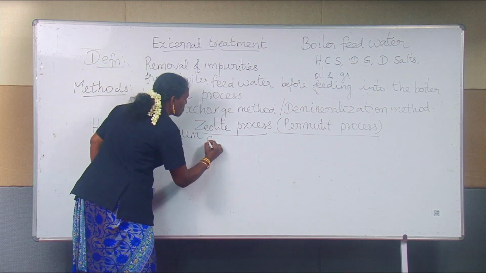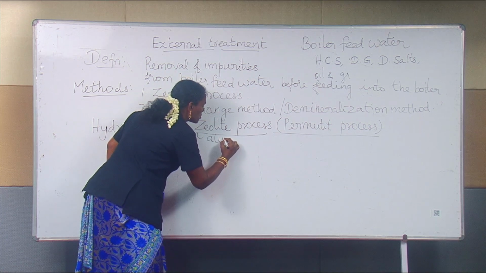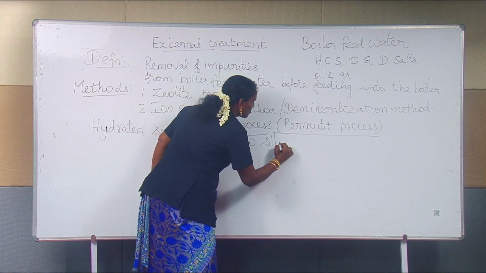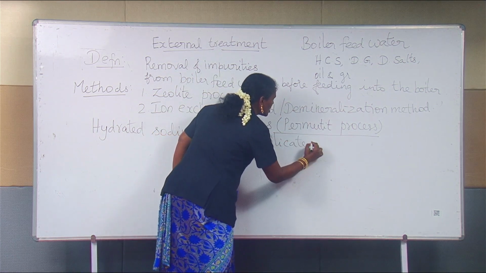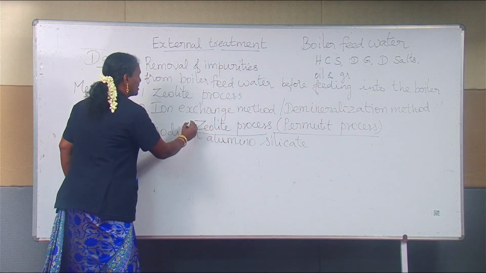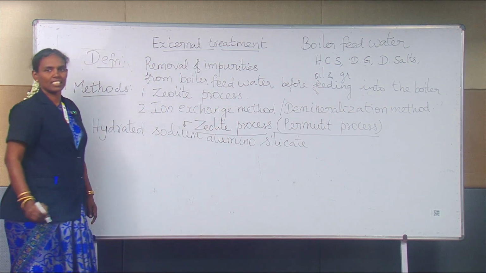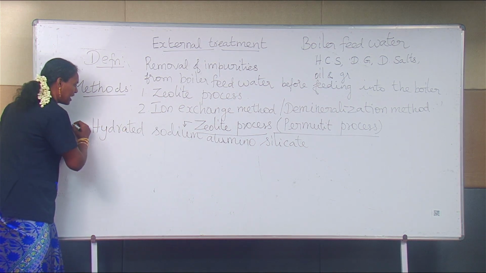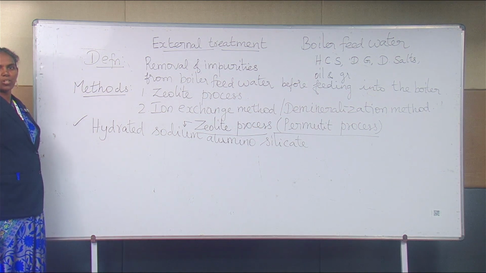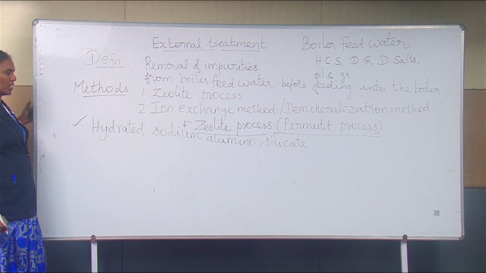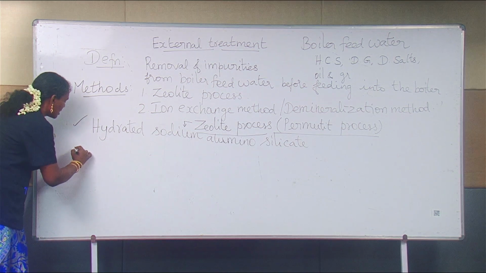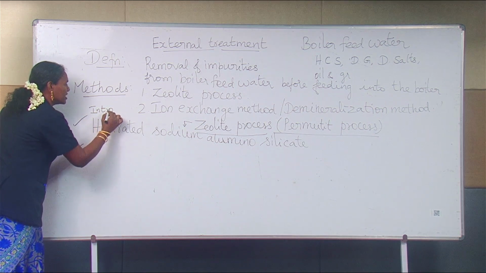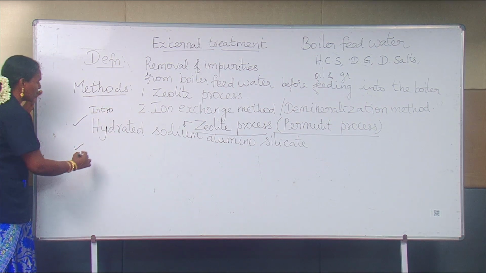Hydrated sodium aluminosilicate is called zeolite. If you write this first, 1 mark will be allotted for it. You can write this as an introduction or definition. Next, we have the types.